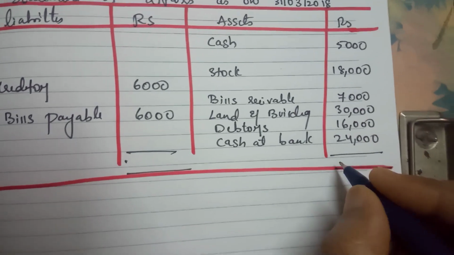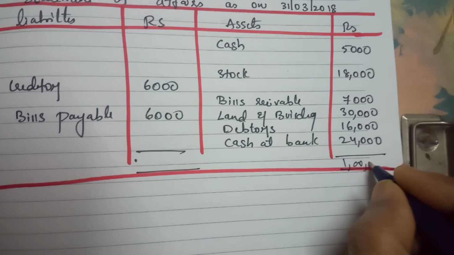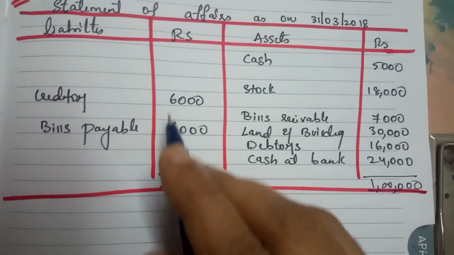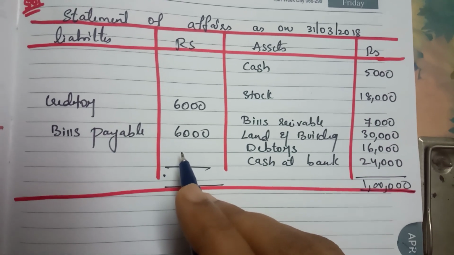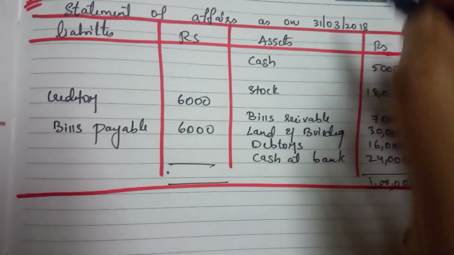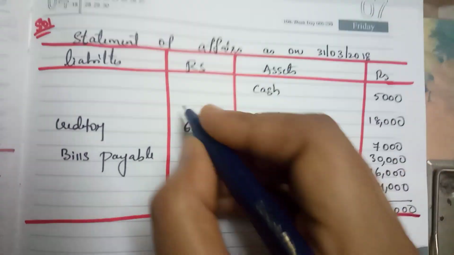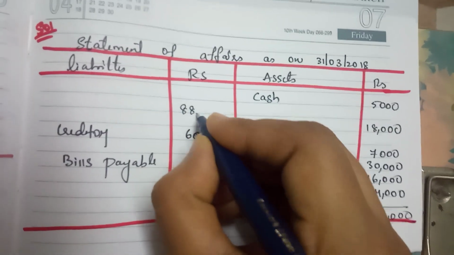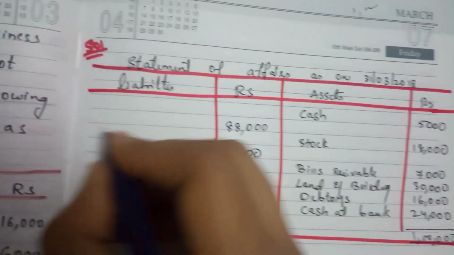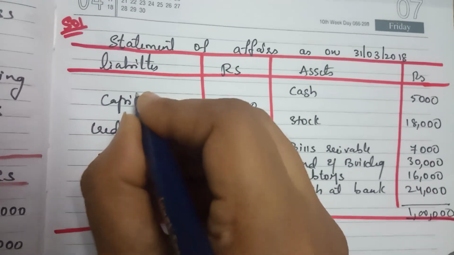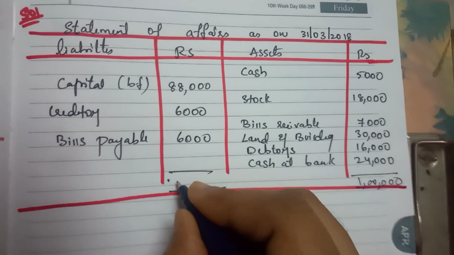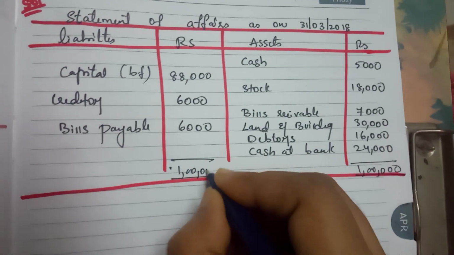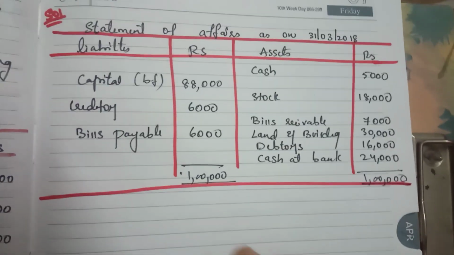You are going to get 1 lakh. 1 lakh minus 12,000 is 88,000. So this is capital, the balancing figure. We got here 1 lakh. So we are ready with the closing capital.